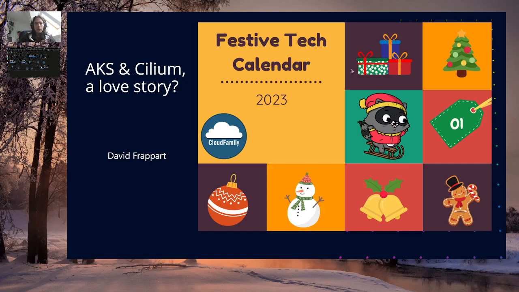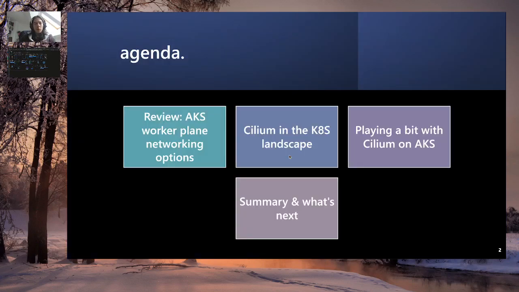Moving on to the agenda. We'll start by reviewing the networking options for the worker plane in Kubernetes and specifically AKS. After that, we'll have a look at Cilium in the Kubernetes landscape and go back to what it's supposed to do from the beginning and how it's doing it.